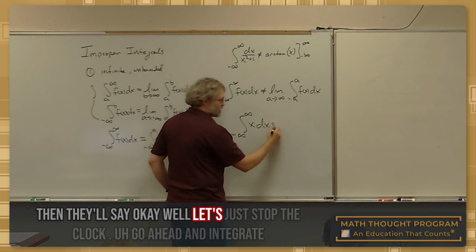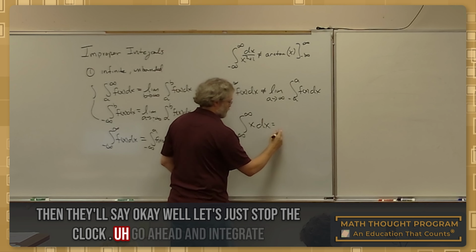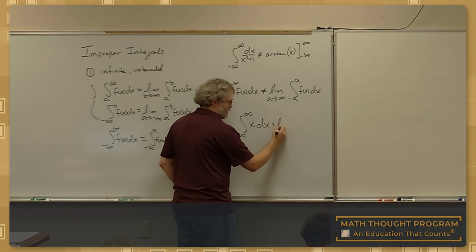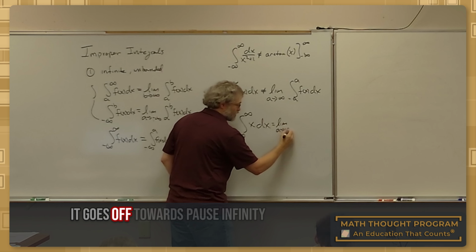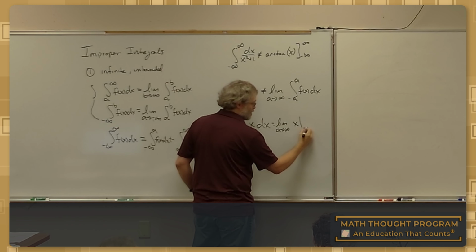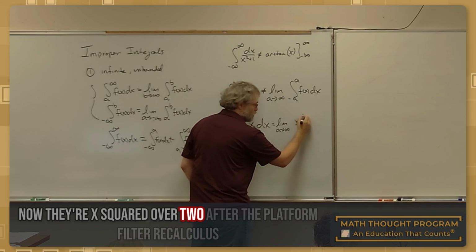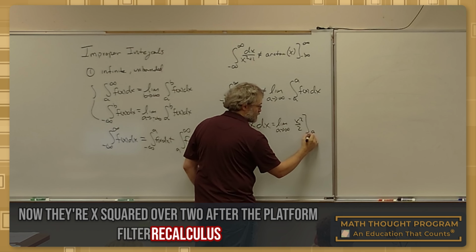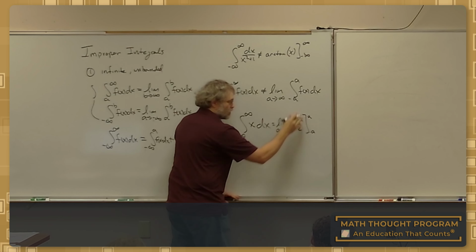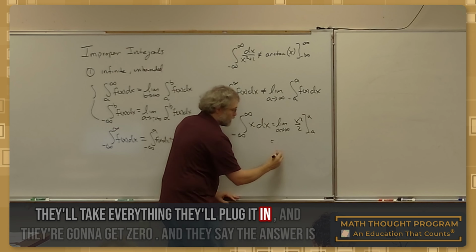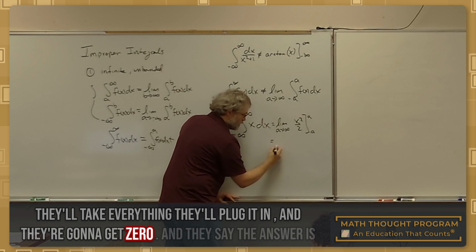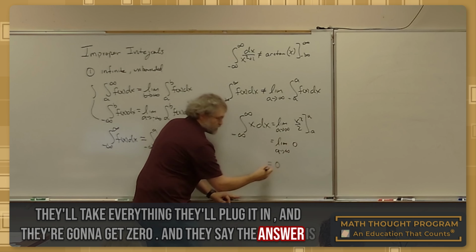Then they'll say, okay, let's just stop the clock and integrate, as a goes off towards positive infinity. Now they have x squared over 2 after they apply the fundamental theorem of calculus. They'll plug everything in, and they're going to get 0. And they say the answer is 0.